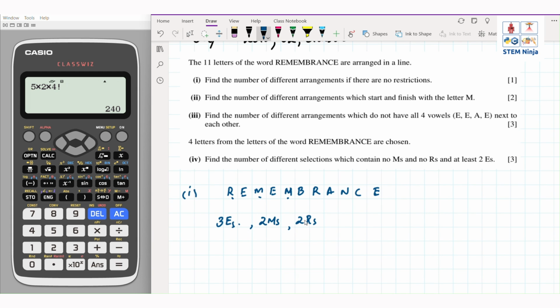And these are obviously identical over here. So E's, M's, and R's are identical. Find the number of different arrangements if there are no restrictions.